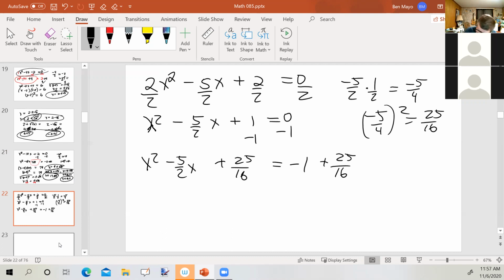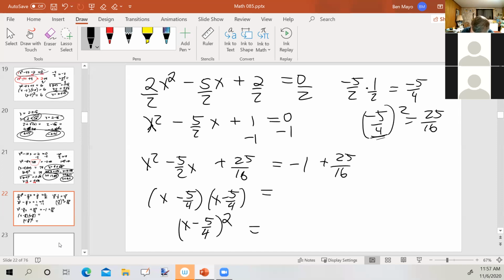When I do that, on the left side of the equation, I produce a perfect square trinomial with two identical factors. That's why it's a perfect square. And again, this number right here is what goes here and here. Now I've got to combine those two. Well, let's see.